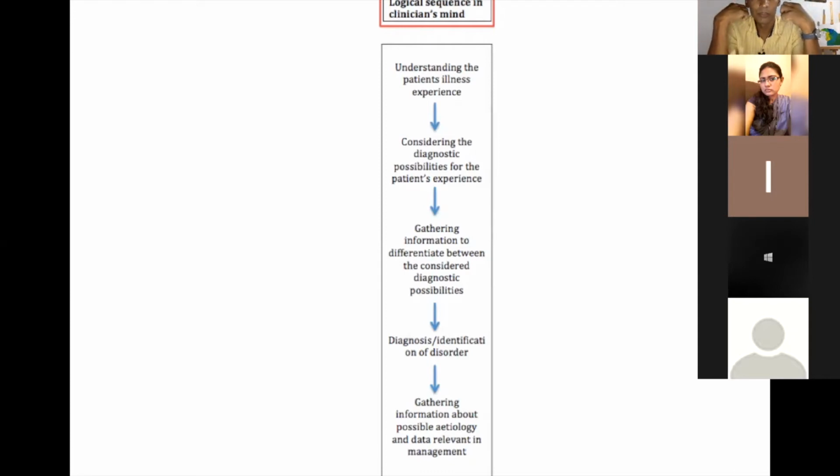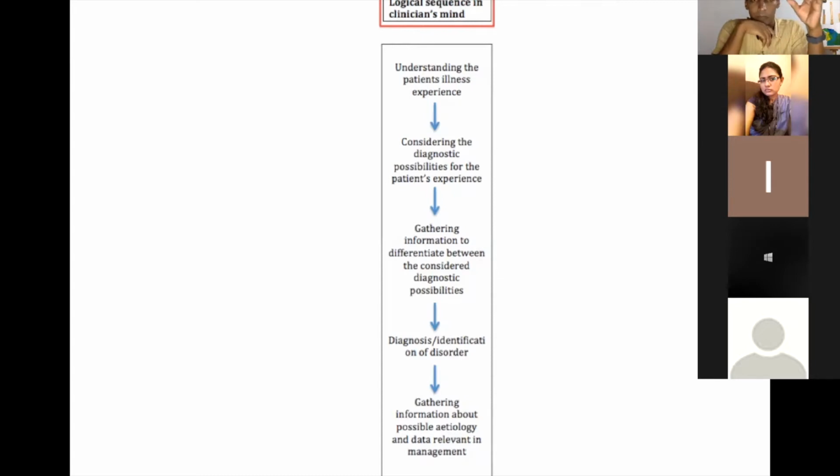How does he experience his symptoms? We try to understand that. We call that the clinical picture, in other words. And then we try to think of possibilities for that clinical picture. I will take an example and go through this sequence, and then this will be much clearer for you.